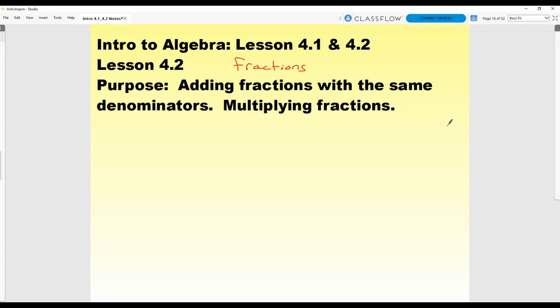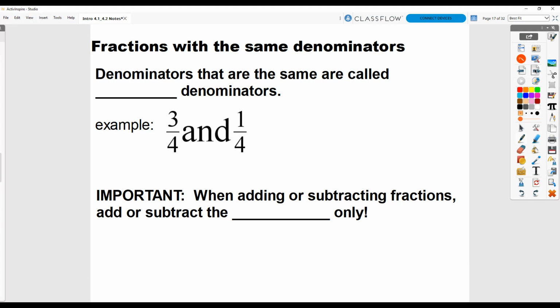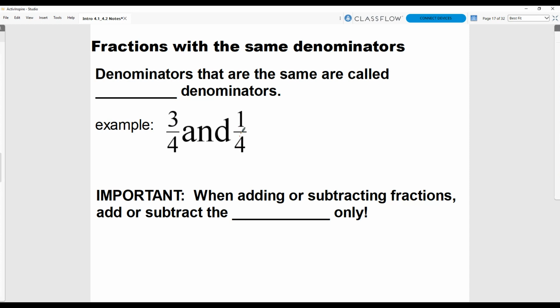If you already know how to do them, then you don't need to worry about that. So let's take a look at what fractions would be like if they have the same denominator. Fractions with the same denominator. Look at this example. We have 3/4 and 1/4. Like we talked about before, the number on the top is the numerator, so I'll put N's right there.